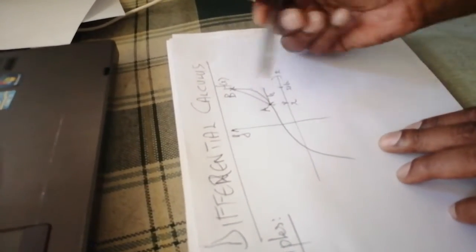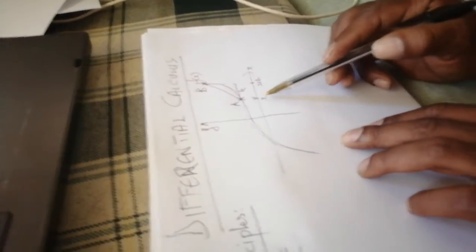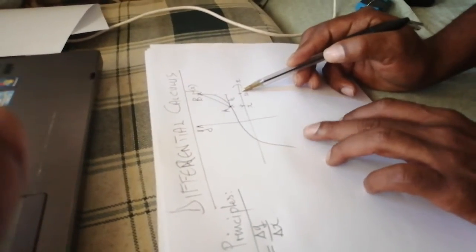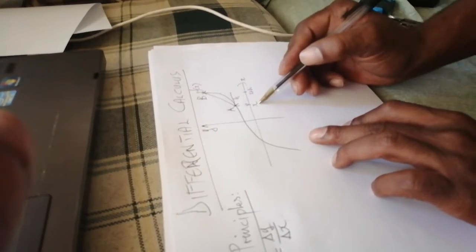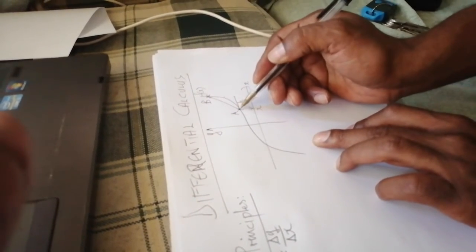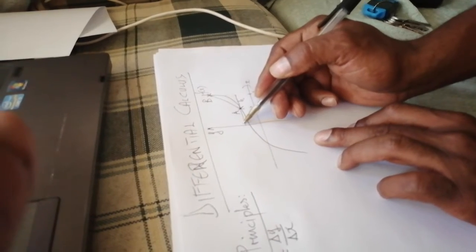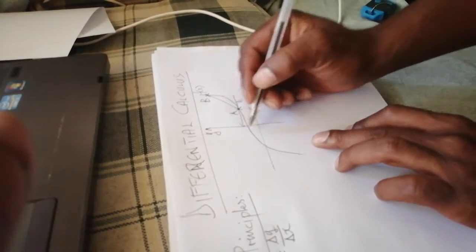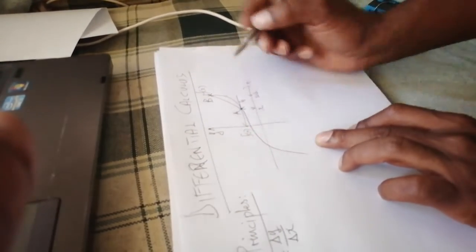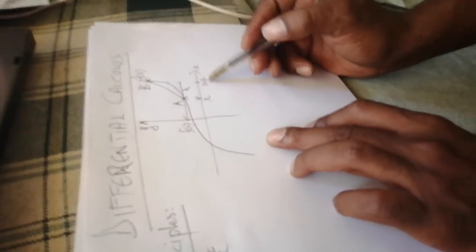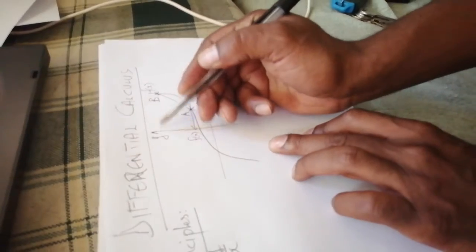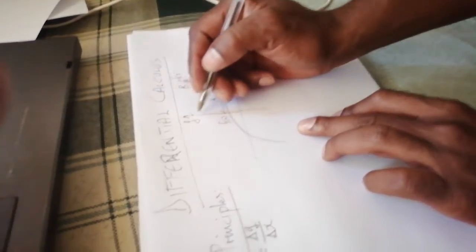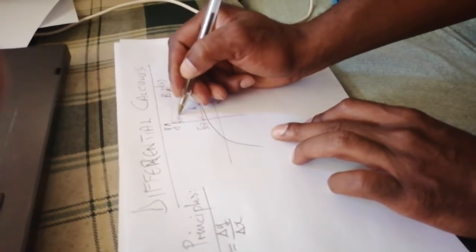Now, these values here represent the domain of the function. Going to the range, if my domain is x, then the corresponding range that side is f of x. And if my domain is x plus h, the corresponding range on the other side there is f of x plus h.